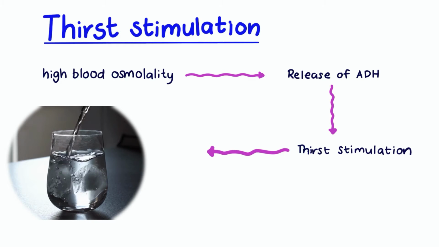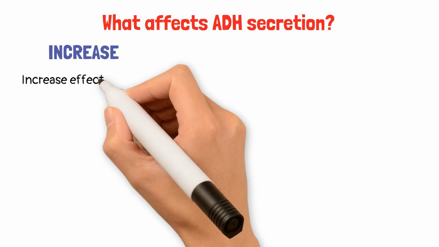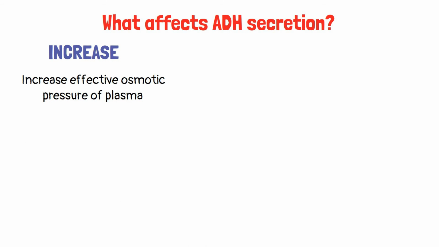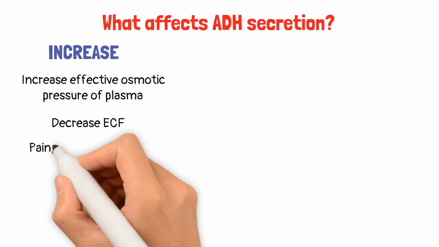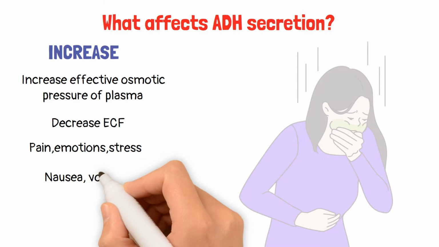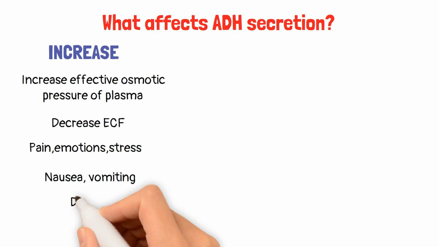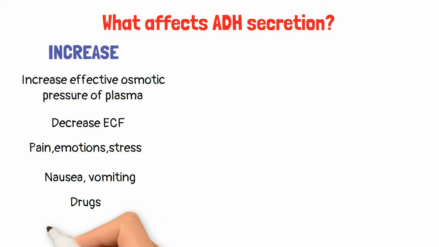So what are the stimuli affecting the vasopressin or ADH secretion? The factors that would increase vasopressin secretion are increased effective osmotic pressure in the plasma, decreased extracellular fluid volume, pain, emotion, stressful situations or exercise, nausea and vomiting, drugs like clofibrate and carbamazepine, and angiotensin 2.